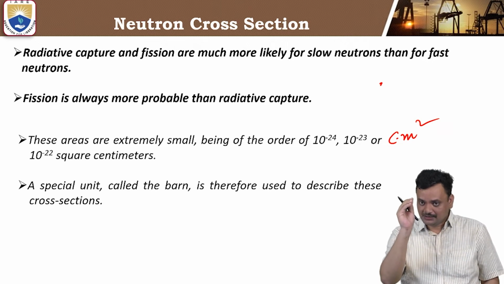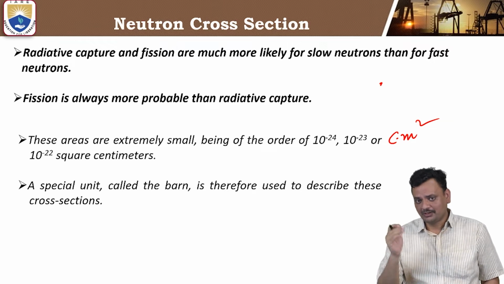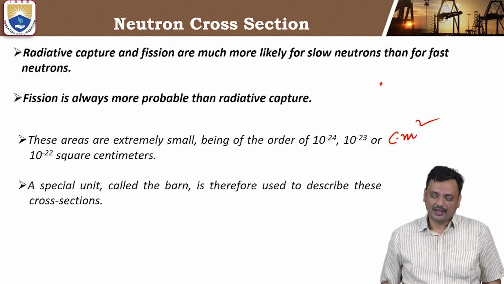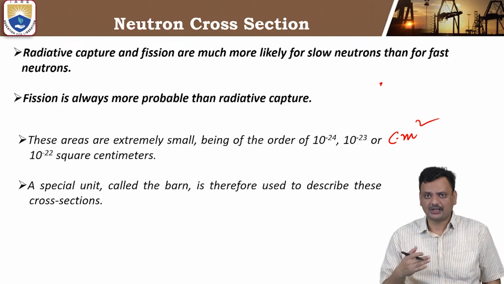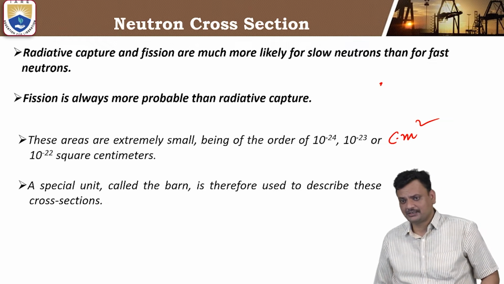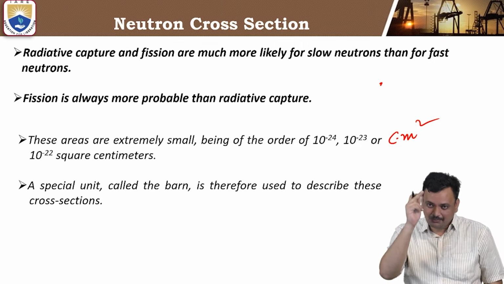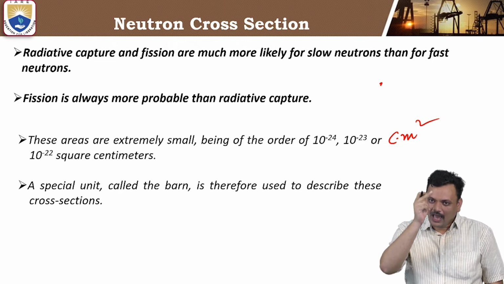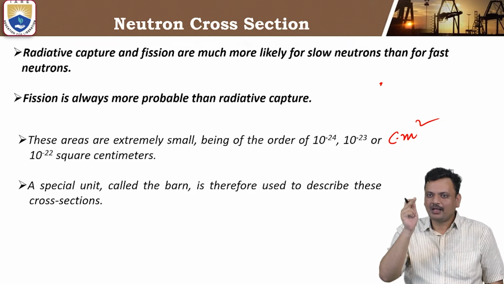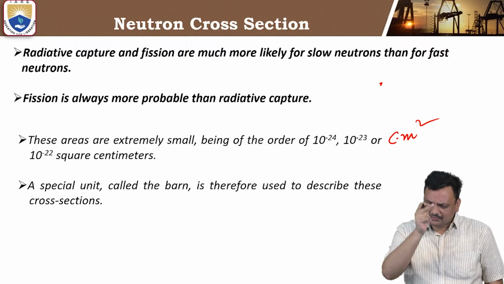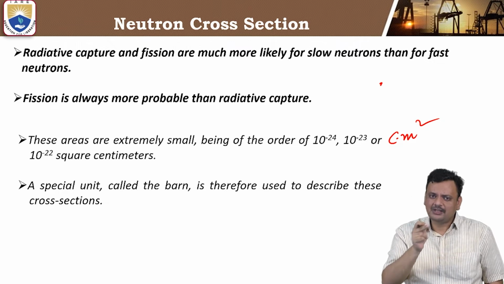But how will this nuclear energy emerge? It will emerge through a nuclear process, either fission, fusion or the radiative capture process, and that process will happen in a very small area near the nucleus.